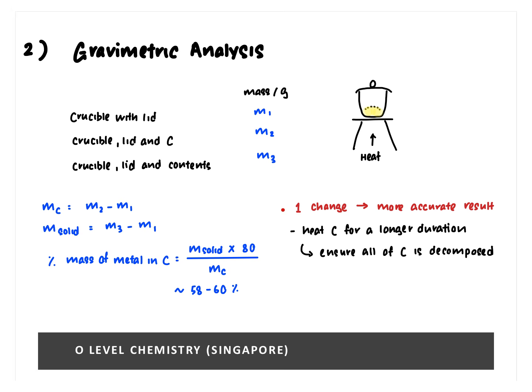But still, it's a pretty straightforward experiment. We could have easily replaced the crucible with a boiling tube. It should have worked as well, but I think in this exam, the examiner wanted you to be able to handle certain apparatus in the lab.